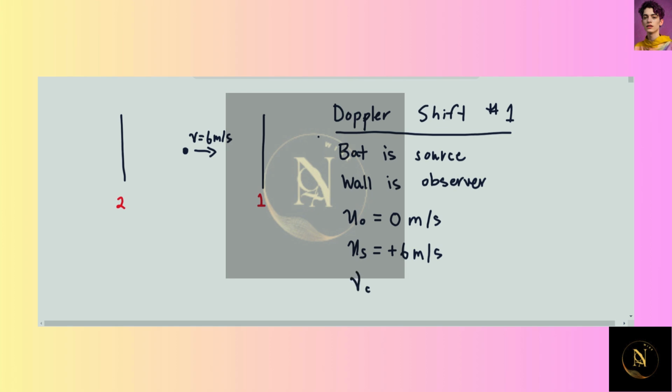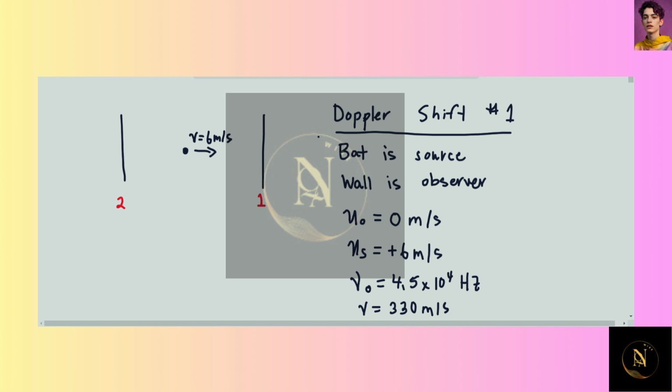And then we also have the emitted frequency that was given in the question. And then the regular V is the speed of sound. That's going to be 330 meters per second. And our goal here is going to be to find the observed frequency.